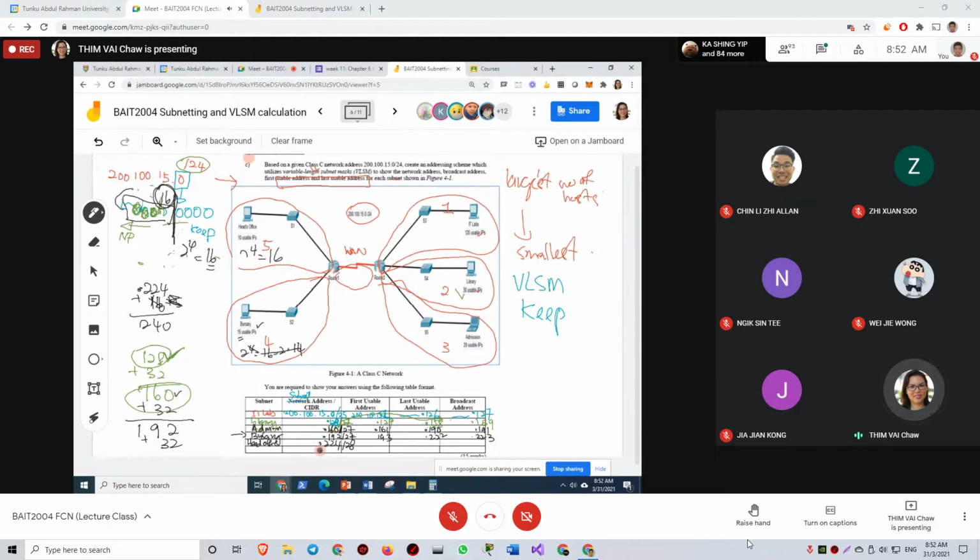So the 240 is the new address for the next network, next subnet. Then from here, I will have 239, and here will have 238, and here will have 225.